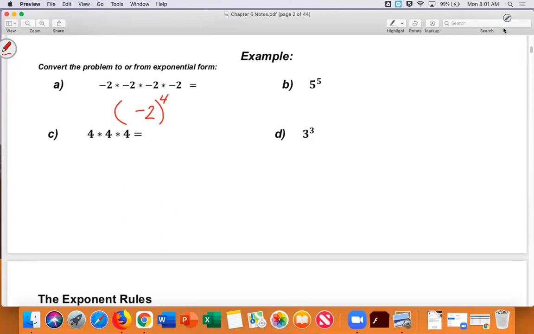Did you type it in with the parentheses? 16. So what I'm trying to tell you, Andrew, is this.